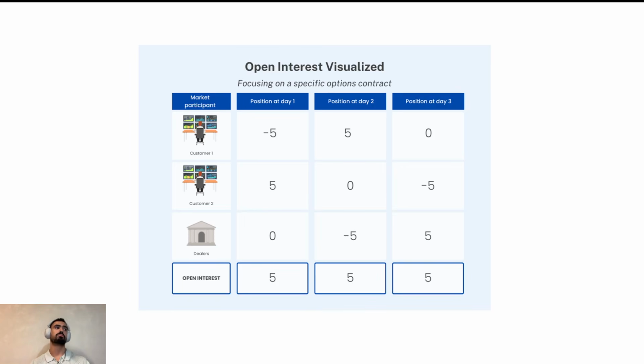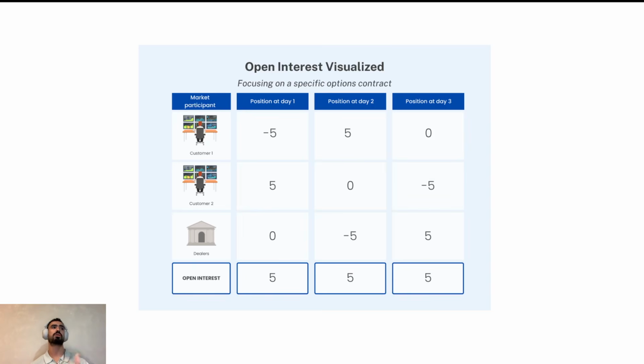On day two, another example, trader one buys 5 contracts, trader two didn't show up that day, and this time market makers are short, taking the opposite side. So now with the same open interest, we have a completely different view of the market maker's option position. They started with 0 on day one, and with the same open interest the second day, they have a short position of 5 contracts.